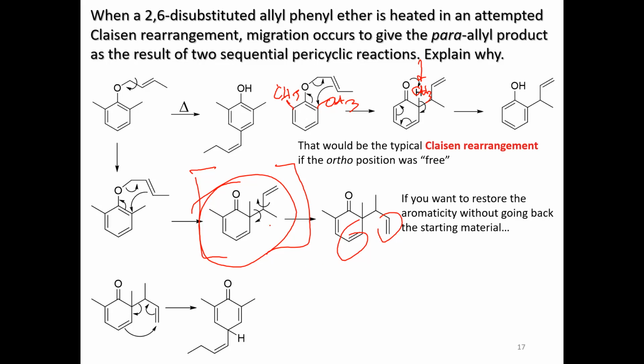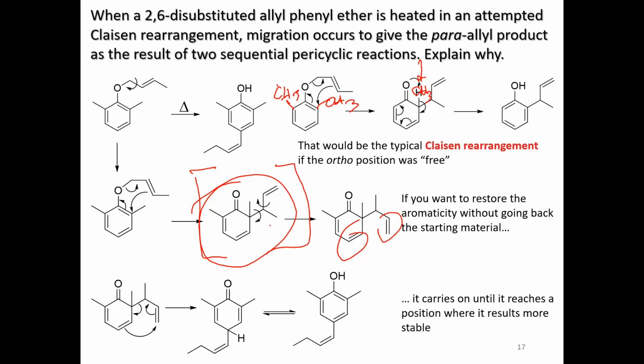Remember that the difference between the Cope and the Claisen is that in the Cope it is only carbons. In the Claisen, it must be the ether bond, or carbon, oxygen, carbon. So basically, it carries out this rearrangement from something which is even more stable than the starting material.